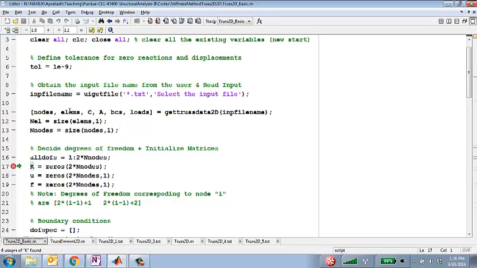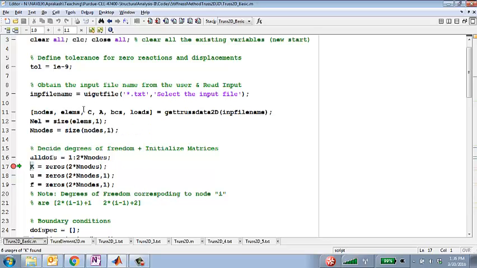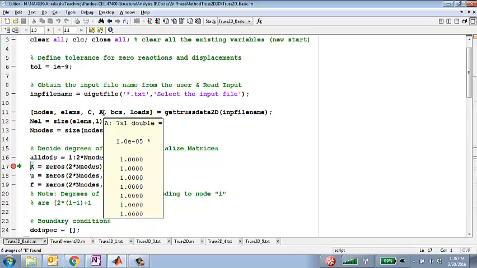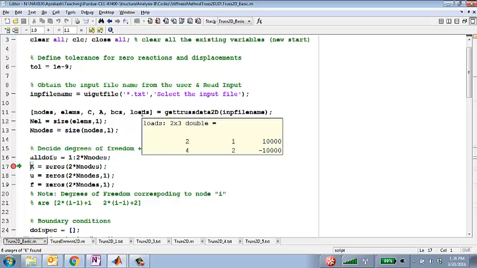There are 5 nodes. There are 7 elements showing you which node is connected to which other node. The C matrix contains the Young's modulus for each element, area of cross section for each element, support locations. So nodes number 1, 3, and 5 have some supports and loads.